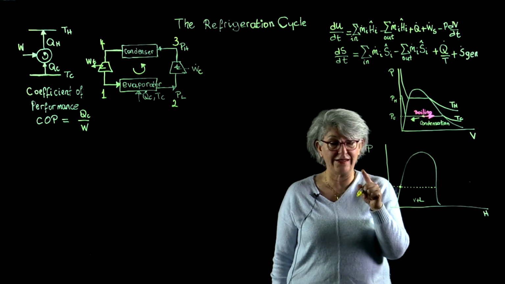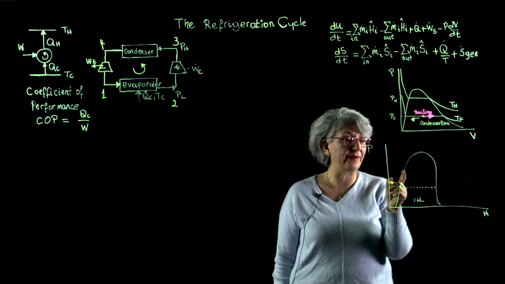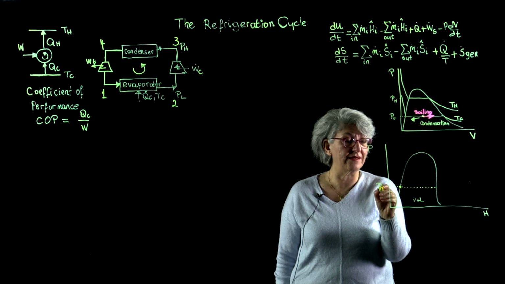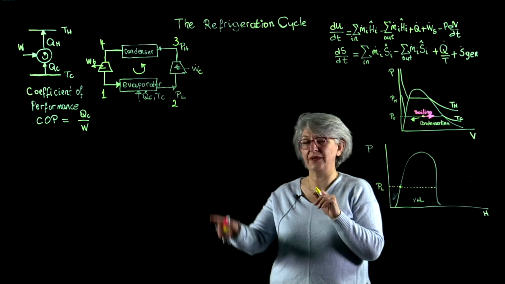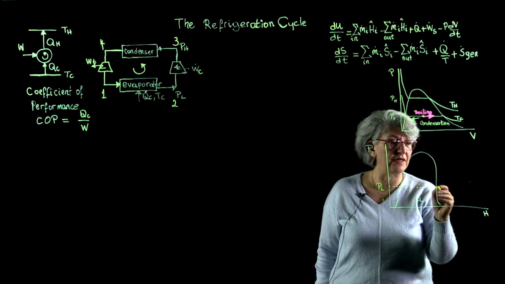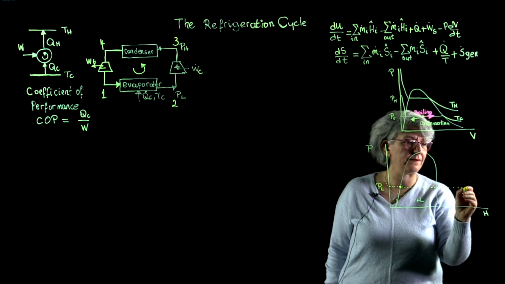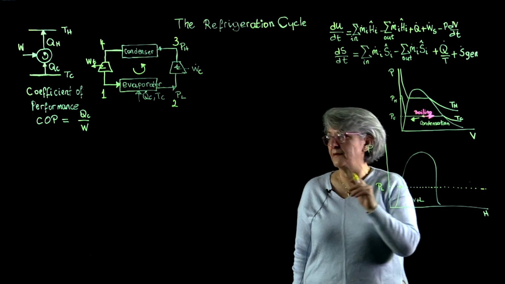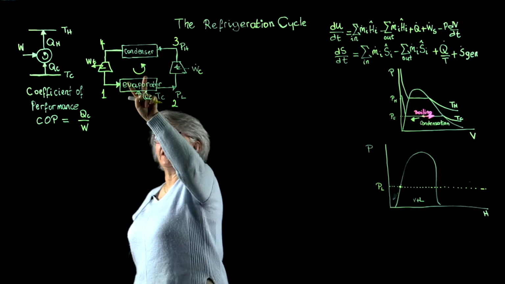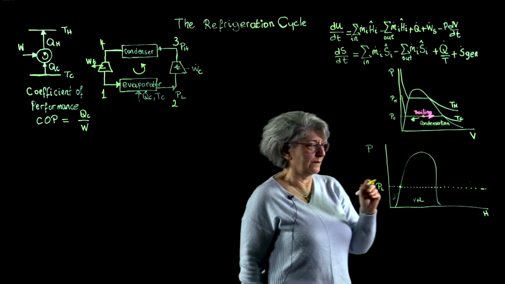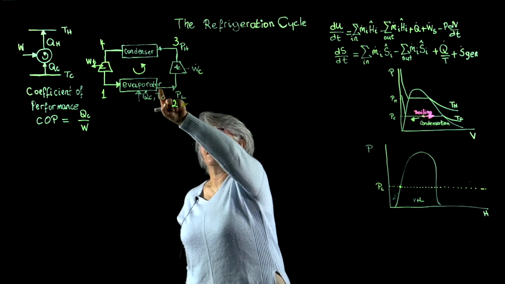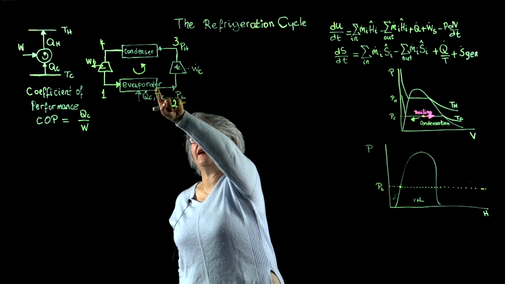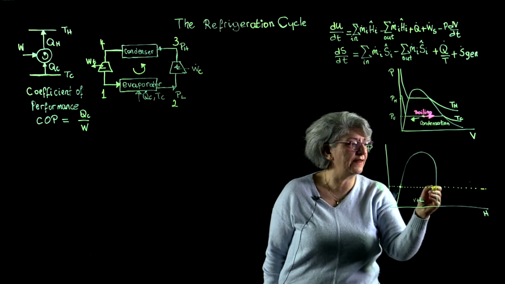I don't know yet where. All right, but this is my constant low pressure line, P sub L. So it's a horizontal line. This is P sub L. All right. I evaporated my liquid up until I have a saturated vapor.